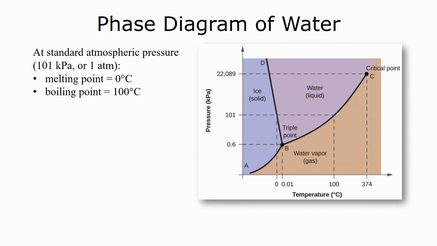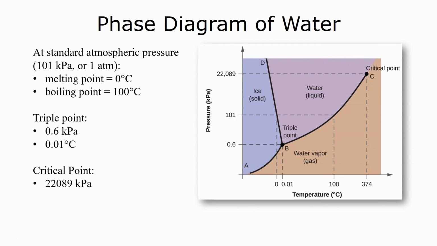The normal boiling point is 100 degrees Celsius, as we can see right here. The triple point is at 0.6 kilopascals and 0.01 degrees Celsius, and the critical point is at 22,089 kilopascals and 374 degrees Celsius.